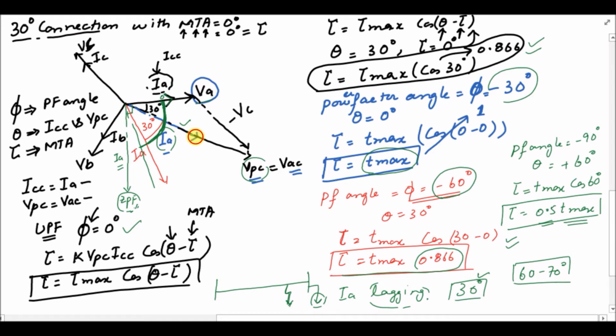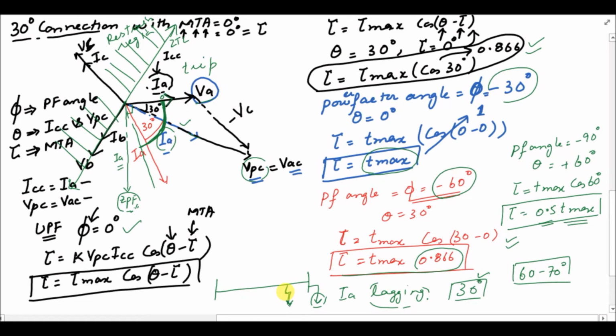So if this is your maximum torque angle, then you will have zero torque line somewhere here, and if this is your zero torque line, then this is your restraint region, and this is your trip region.